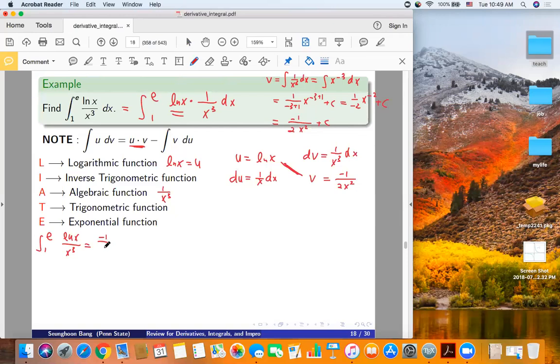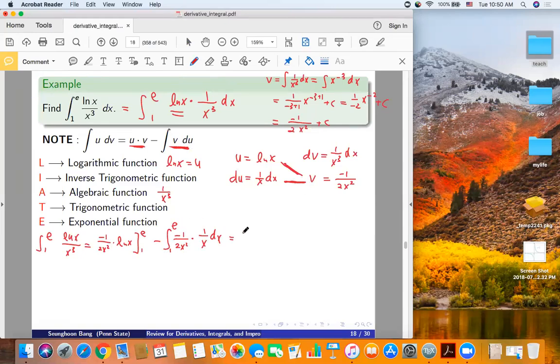The formula is u times v, that is, negative 1 over 2x squared times ln of x from 1 to e, minus the integral of v du. The v du is v times du: the negative 1 over 2x squared times 1 over x dx from 1 to e.